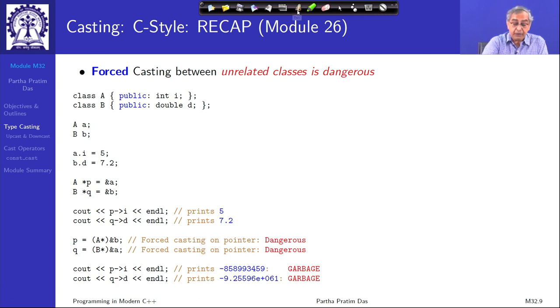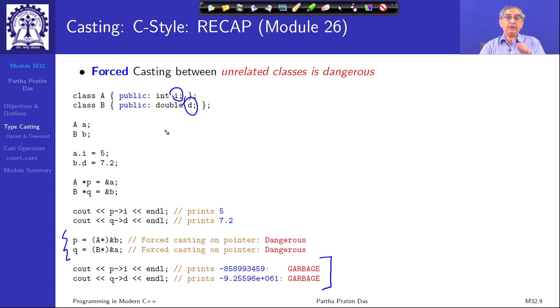We also saw that we can do forced casting between unrelated classes, as we did here, forced casting of pointers between two unrelated classes, and we saw what kind of error it could give rise to, because one class has an integer and the other class has a double.